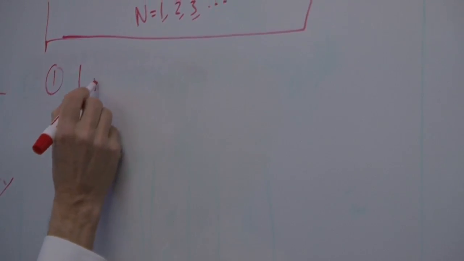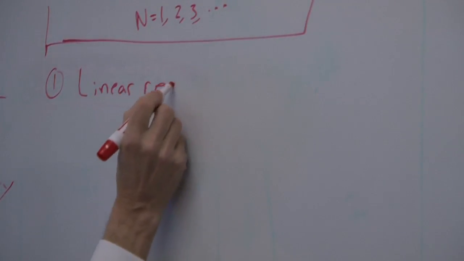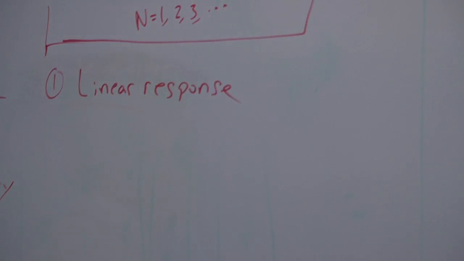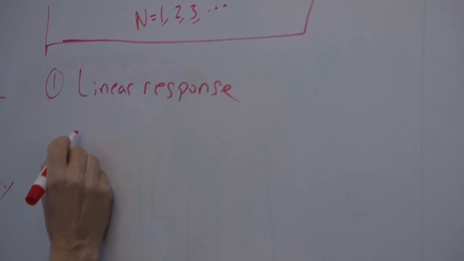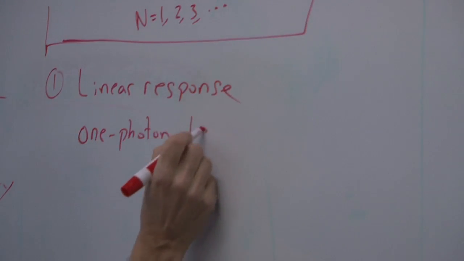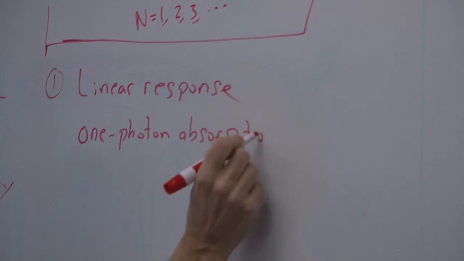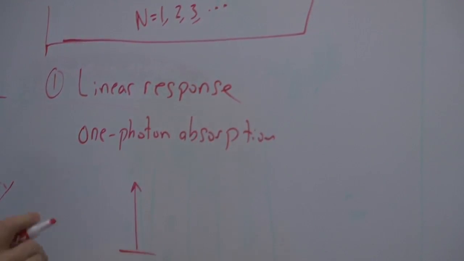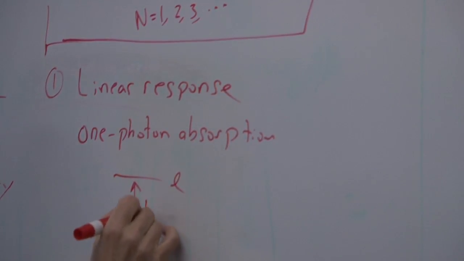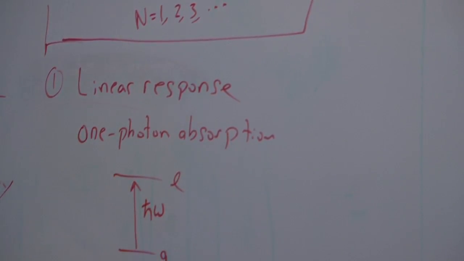So let's first of all look at the linear response. And of course, what are we doing? We're doing multi-photon absorption, so the linear response would correspond to 1 photon absorption, which is to say the process in which an atom goes from the ground state to some excited state L by the absorption of a photon of energy h bar omega.